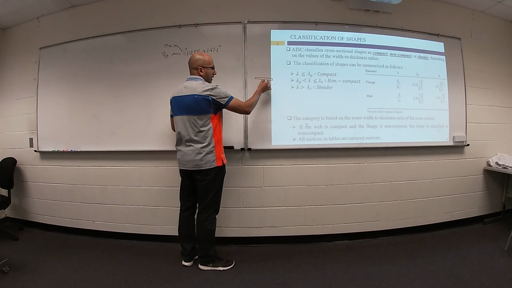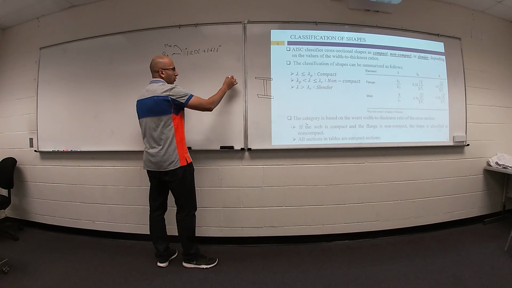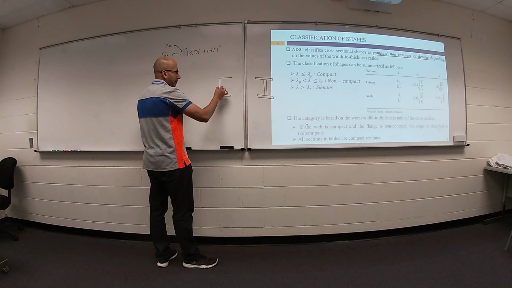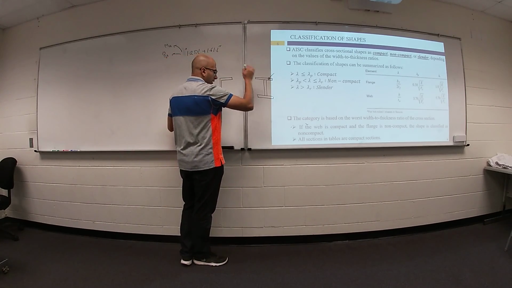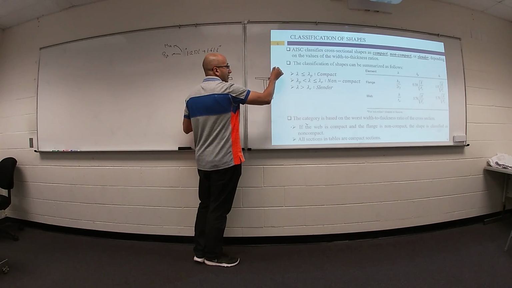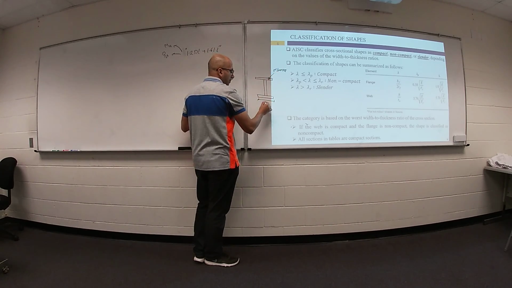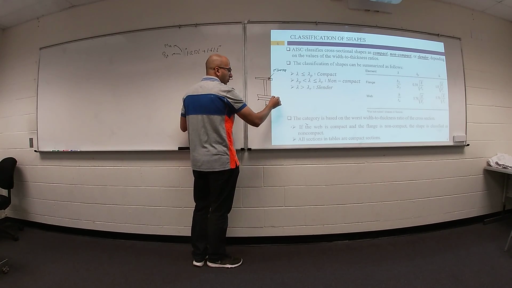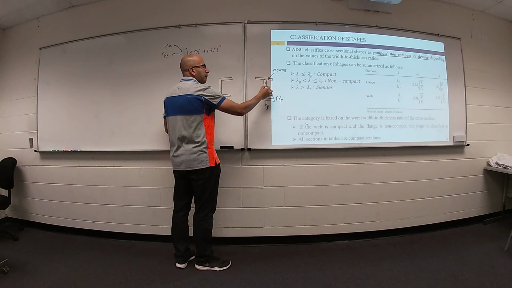Here is your cross section for a W shape or for a channel. This part of your cross section is called the flange. Its width is called B flange. Thickness is called T flange. This part is called the web.